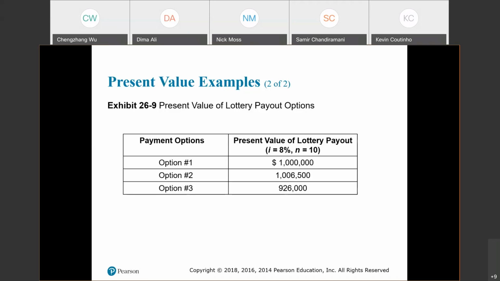And some investments also have a residual value, which means the company can sell the assets at the end of their useful lives and receive a lump sum cash inflow in the future. So this is similar to option number 3.